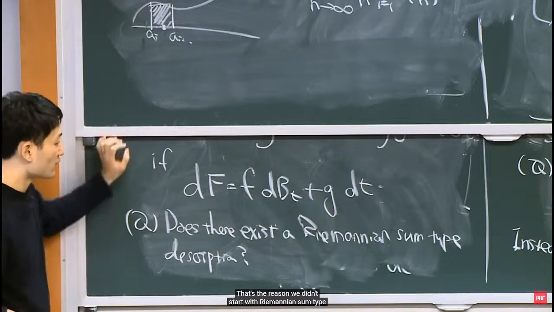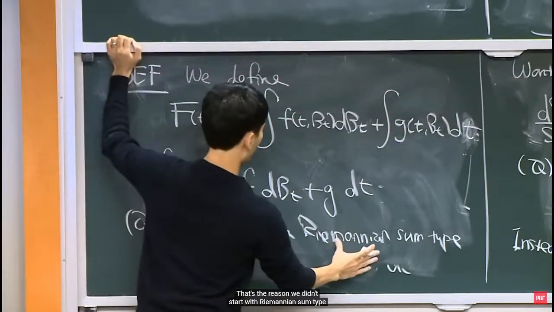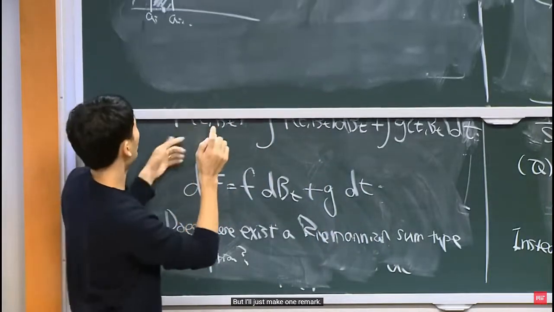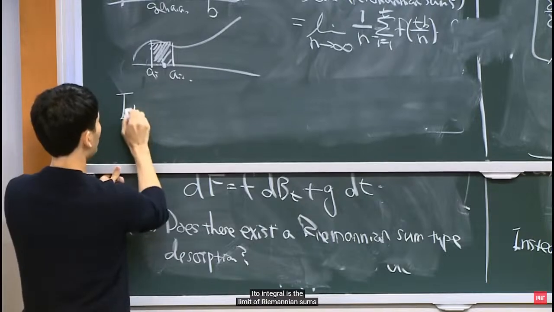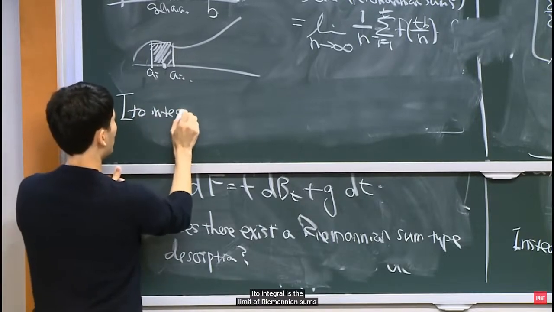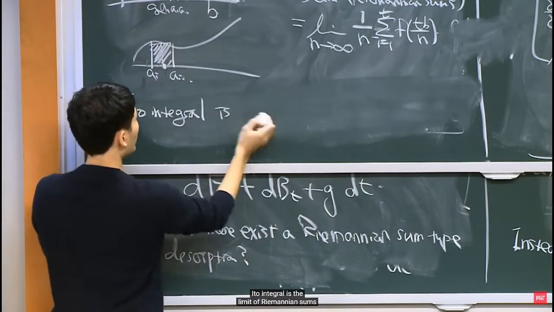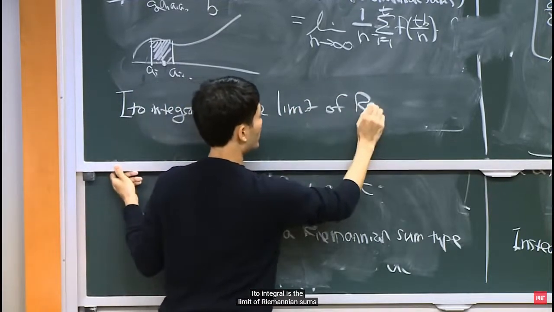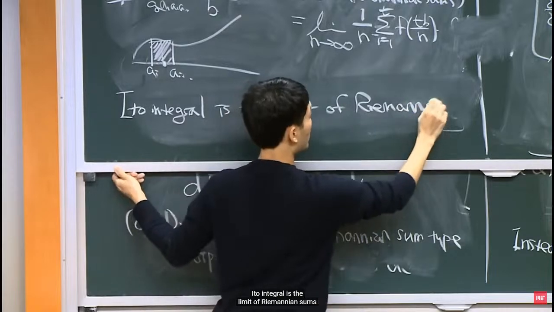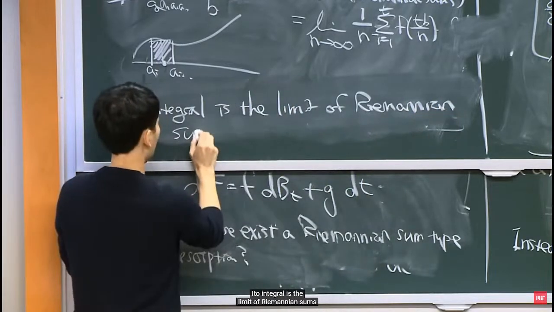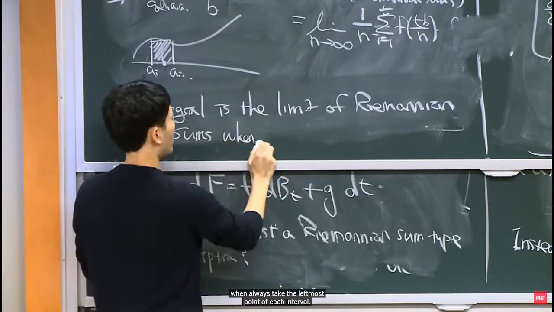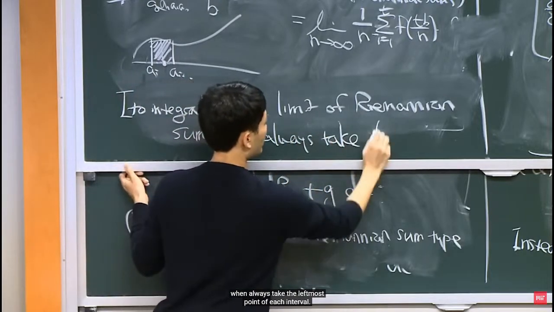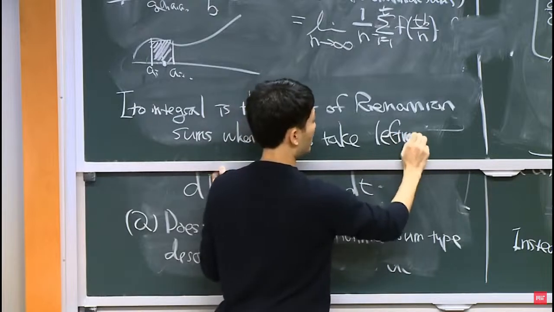That's the reason we didn't start with a Riemannian sum type definition of the integral, but I'll make one remark. The Itô integral is the limit of Riemannian sums when you always take the leftmost point of each interval.